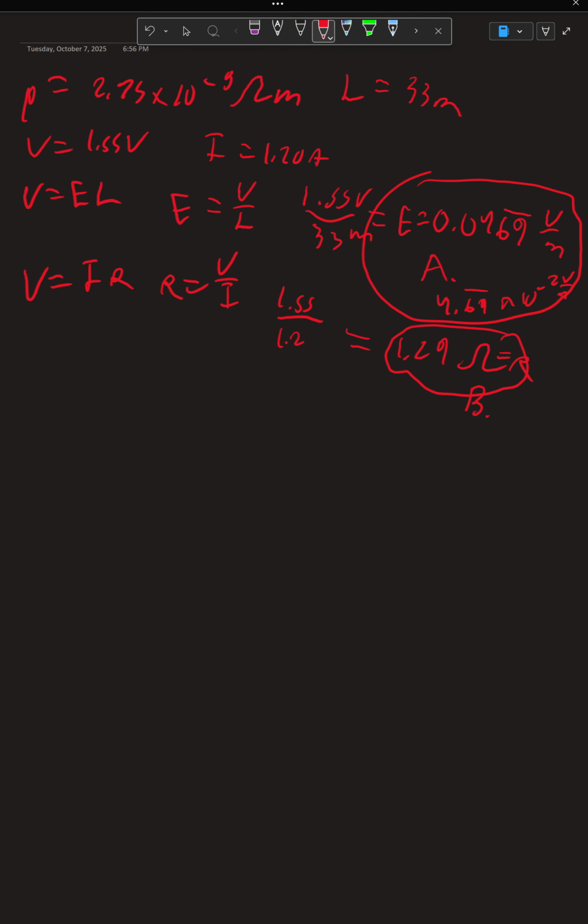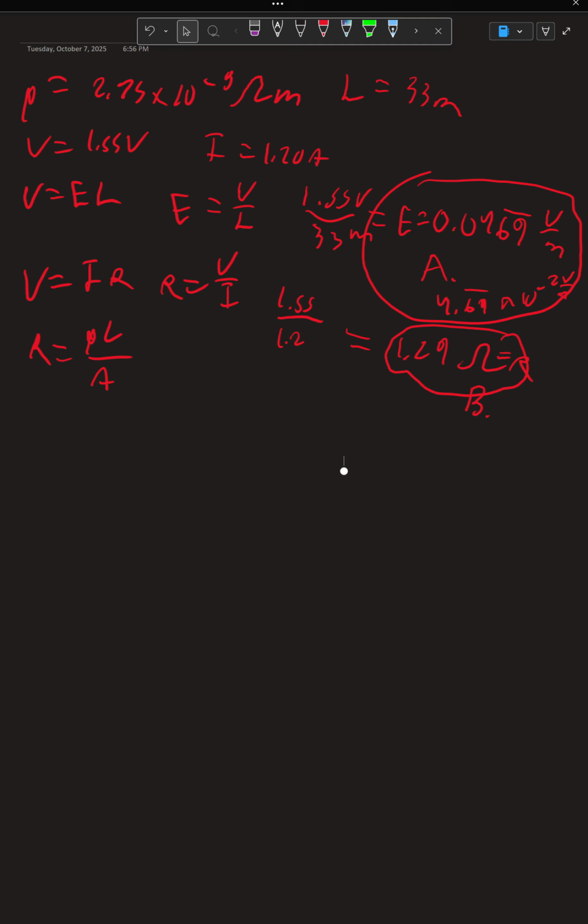And now it's asking to find the cross-sectional area. To do that, we use the formula R equals ρL over A. All we have to do is move A by itself, which is very simple.